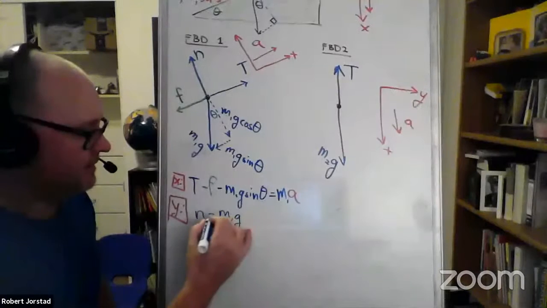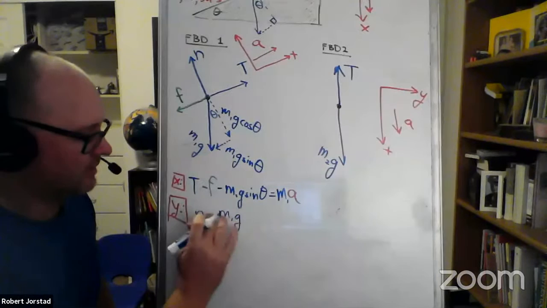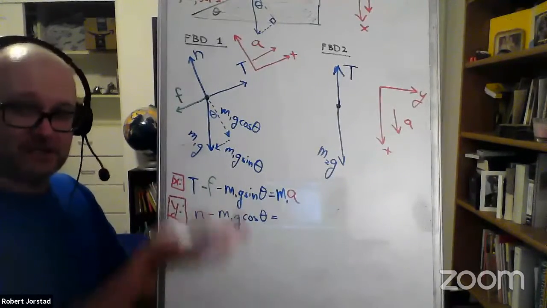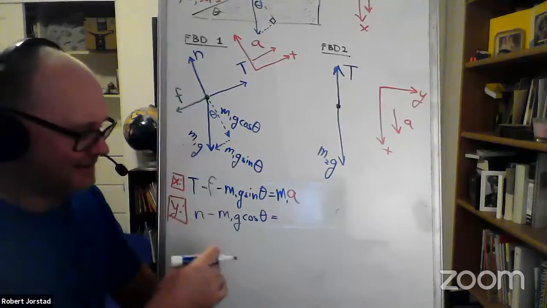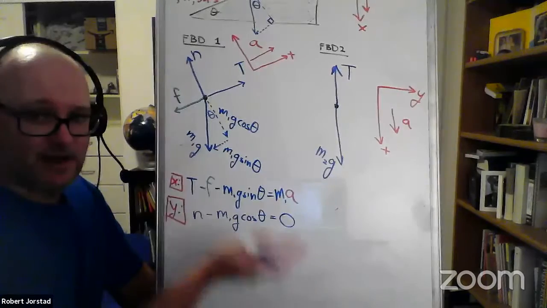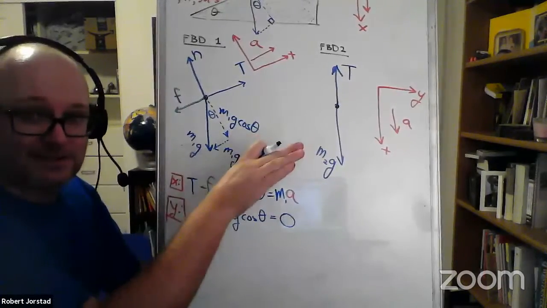I agree. And what's it equal? Well, it's not moving in the Y, so it equals 0. Yep. And I guess the better way to say that would be not accelerating in the Y. So he's saying this is 0 because it's not accelerating up and down off the plane. It's going parallel to the plane.